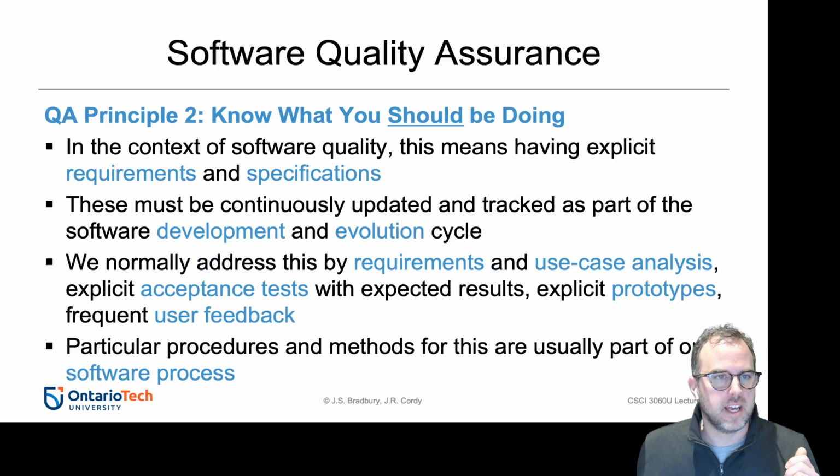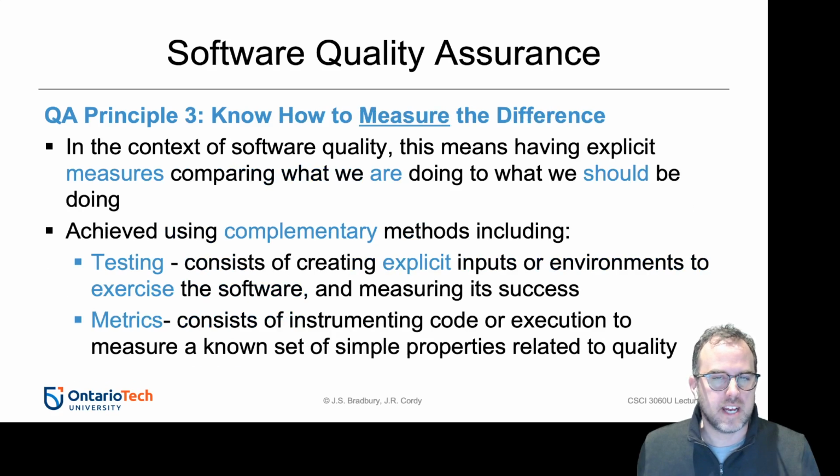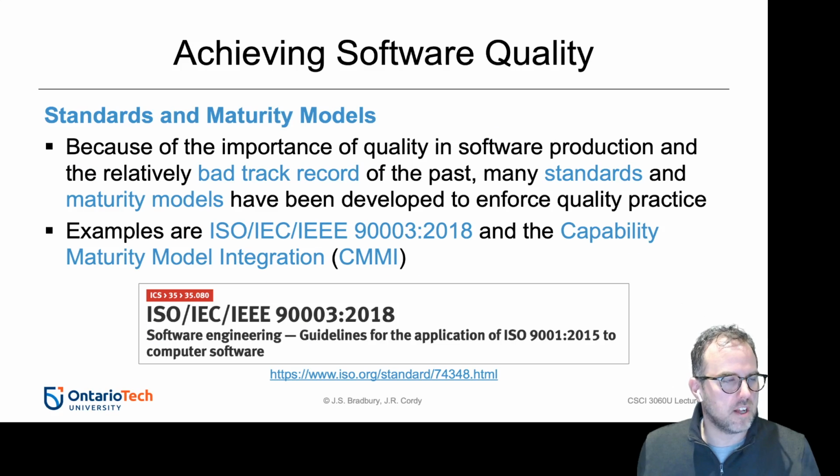The last thing I want to mention is, in addition to following these principles, there's also a whole industry around ensuring you actually do have good quality practices in place. This is the standards and maturity models, things like ISO standards. There's a particular ISO standard, which I've listed here: ISO, IEC, IEEE 90003. 2018 is the year.